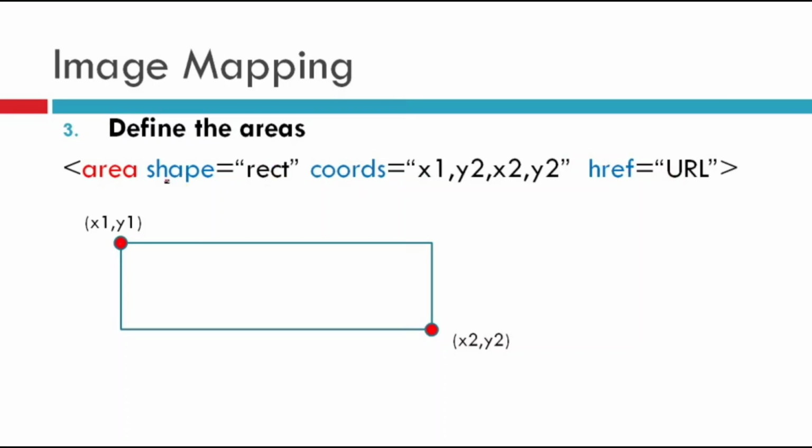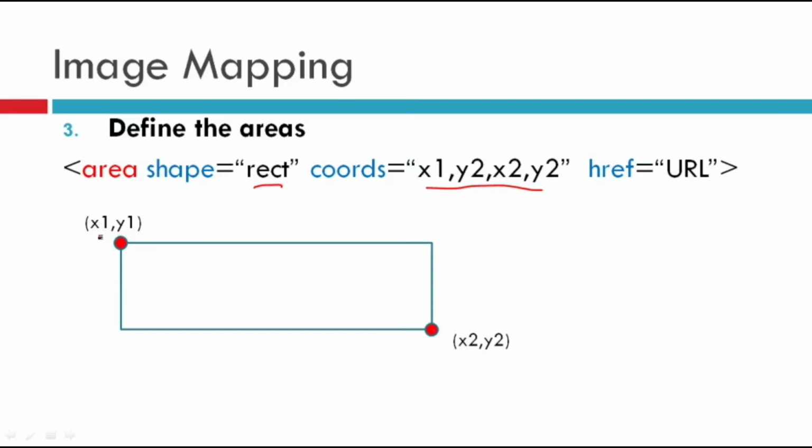The second shape that we are going to study is a rectangle, and there will be four coordinates. If you see the figure of a rectangle, there are four vertices, but for plotting the shape of a rectangle we are going to need only two points, the top left point and the bottom right point.